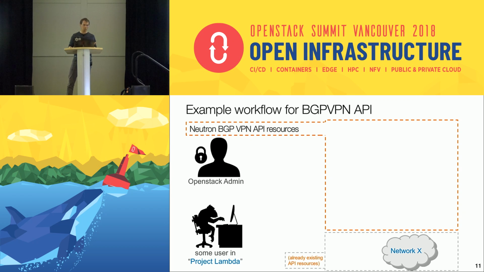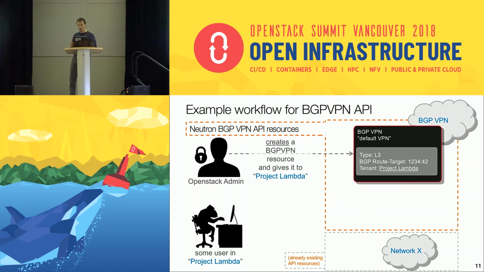So the first step when you use the BGP VPN API is to have the admin create a BGP VPN object. This is the object where the VPN identifier is stored. And then the admin will give this object to a project. But the project, of course, will not have the possibility of changing the VPN identifier.